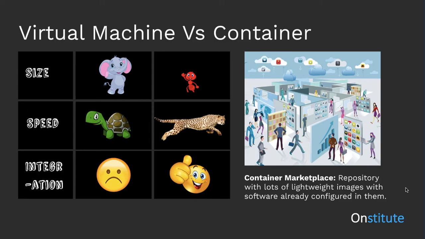And those are called container marketplaces. From that marketplace, you can easily download your software of your choice, work with it, and that's it. So these are the two different types of virtualization, that is VM and container, and the benefits of container over VM.